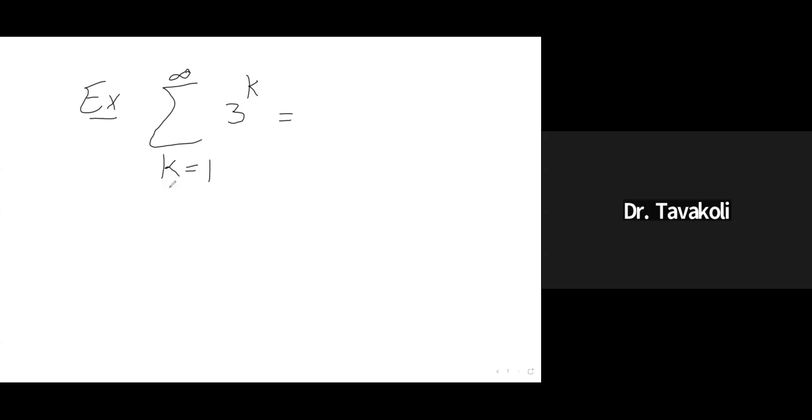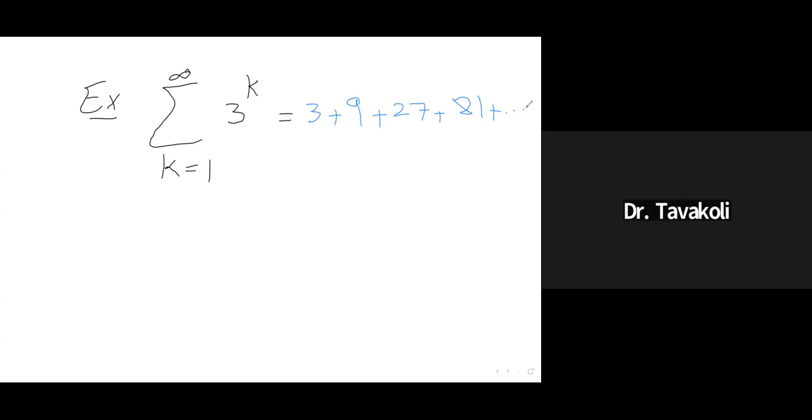Here k starts from 1. So when k is 1, I have 3 to the power of 1, which is 3. When k is 2, 3 squared, 9. And then when k is 3, it is 3 cubed, which is 27. When k is 4, it is 81, and so on and so forth.